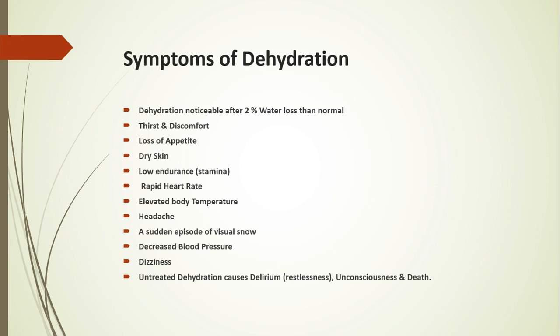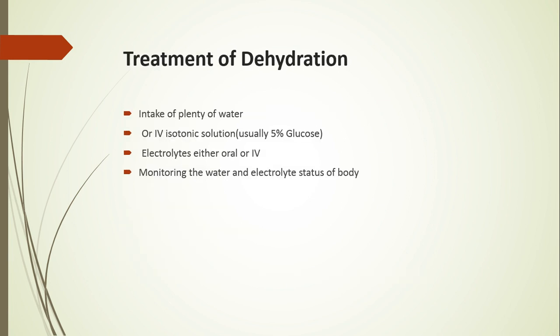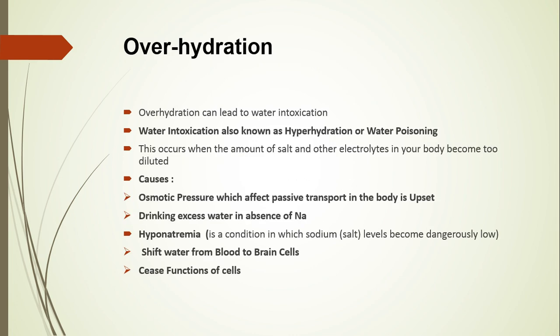If dehydration is untreated, it can cause delirium, unconsciousness, or ultimately the body can go to coma. Treatment of dehydration mainly is intake of plenty of water, or IV isotonic solution, or intake of electrolytes, either oral or intravenous, and monitoring of the water and electrolyte status of the body.